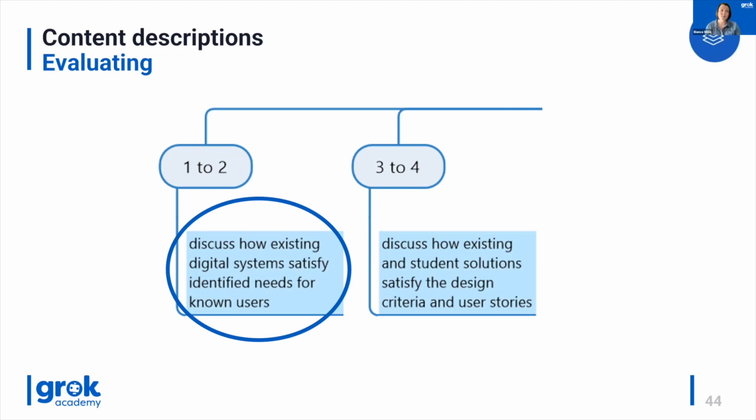For students in Years 1 and 2, they are developing skills to discuss how existing digital systems satisfied the identified needs for known users. Our Year 3, 4s are discussing both existing and also student solutions, and they are to satisfy design criteria and user stories.